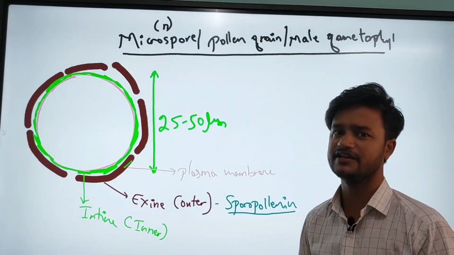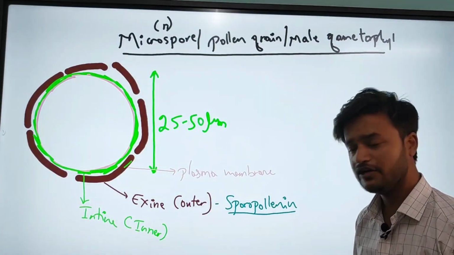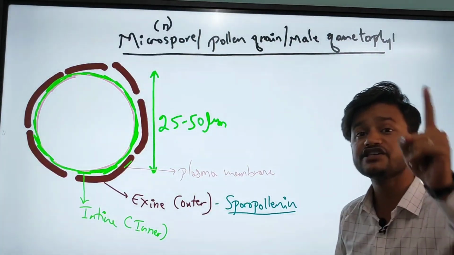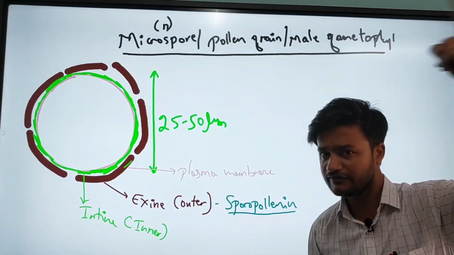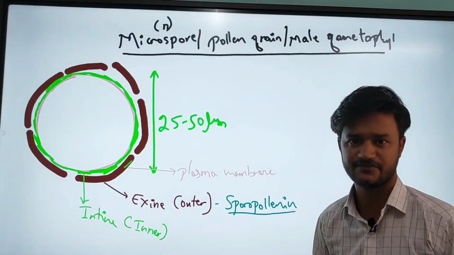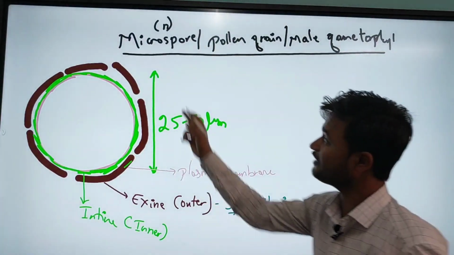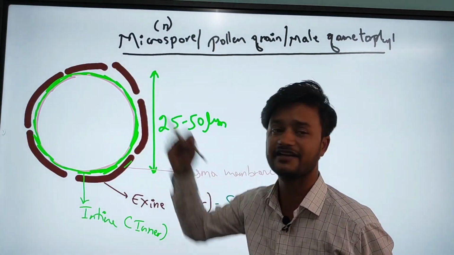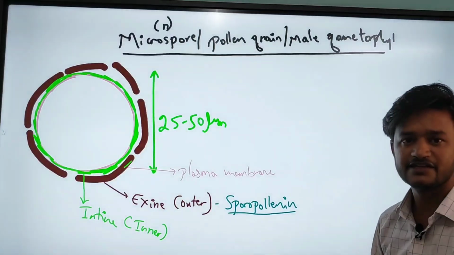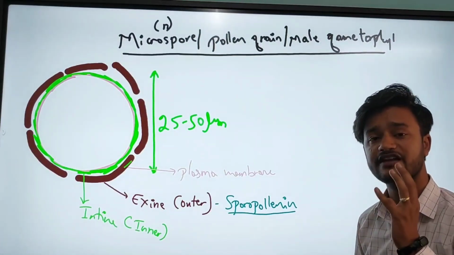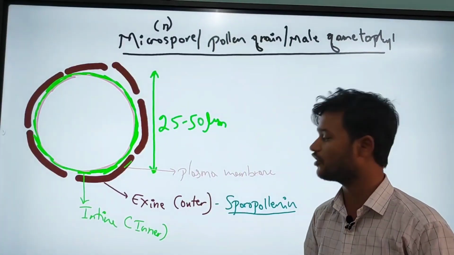And remember one thing, the sporopollenin is produced by the Ubisch bodies, which are secreted by the tapetal cells. These Ubisch bodies produce the sporopollenin on the surface of the pollen grain in the exine region, right? Such sporopollenin is very hard in nature and resistant to strong acids and strong bases.